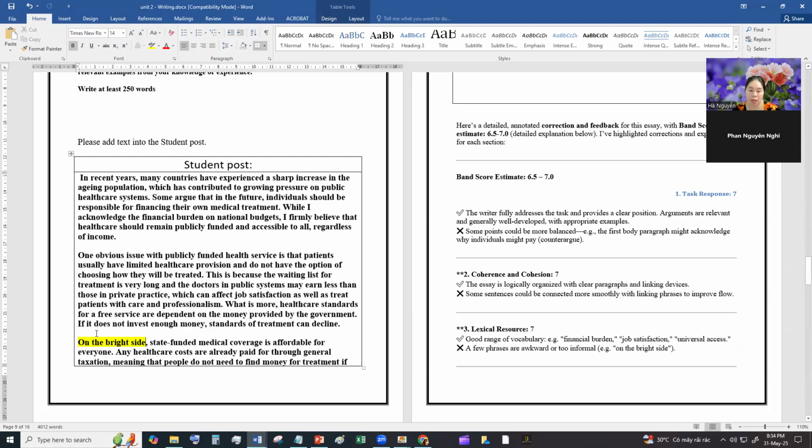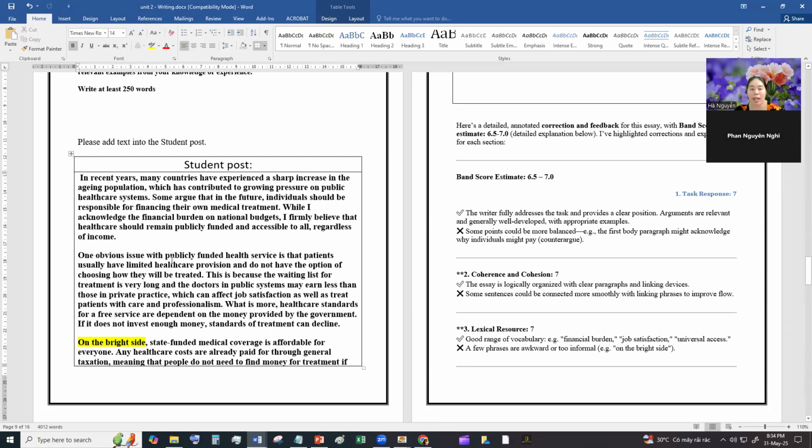You should use here. On the upside. Actually, on the other hand. Oh. Yeah, it might sound boring, right? But that's academic writing. And I suggest that you use formal writing like that.